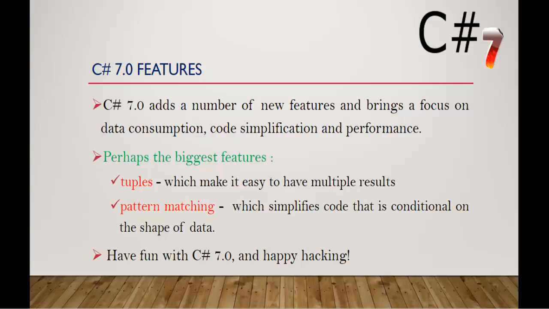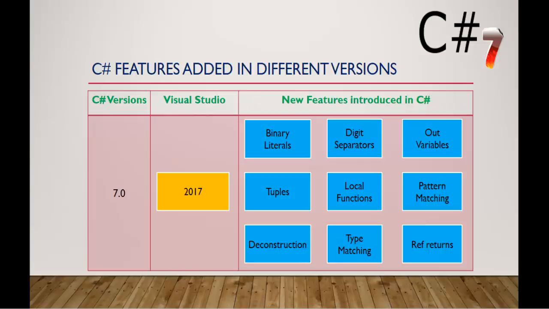Now let us see the features present in C Sharp version 7. It was released with Visual Studio 2017, and again Microsoft came up with a bunch of features which made developer life very easy. They are binary literals, digit separators, out variables, tuples, local functions, pattern matching, deconstruction, type matching, and reference returns.